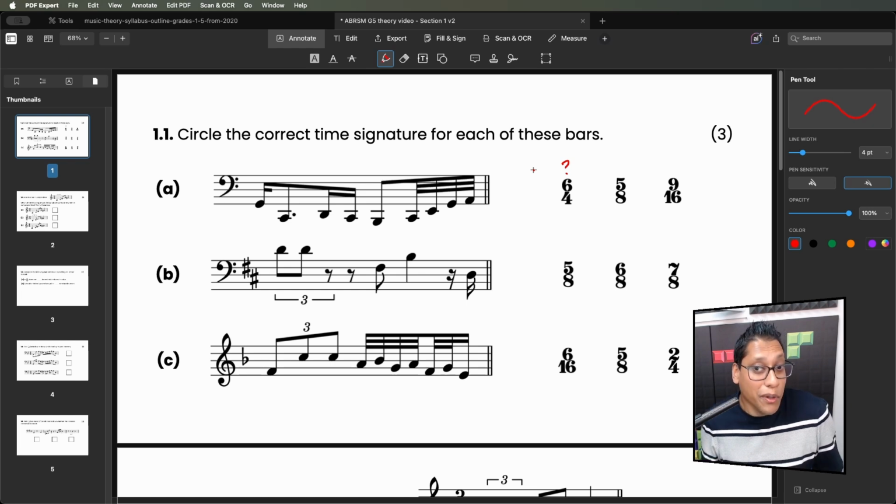I have no proof of that yet because I haven't worked it out, but it's looking unlikely because that would deal with crotchets. We have a 4 on the bottom of that time signature, and we don't have any crotchets here. So based on first impressions, I don't think the answer is 6/4.